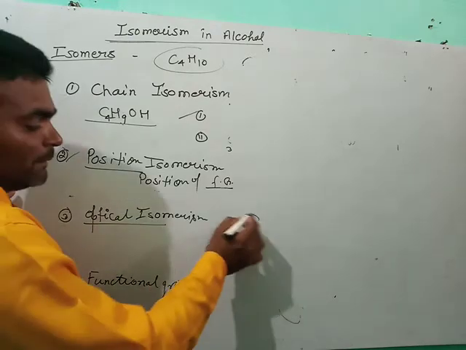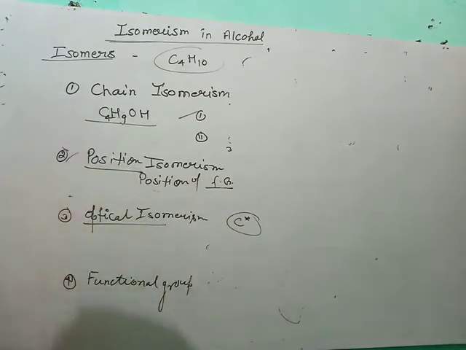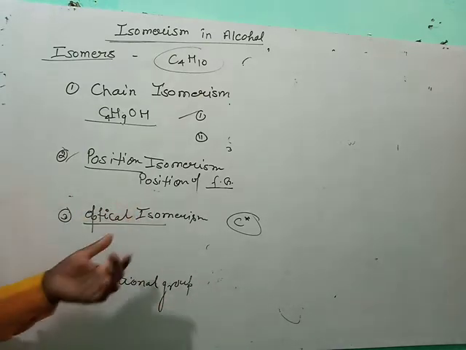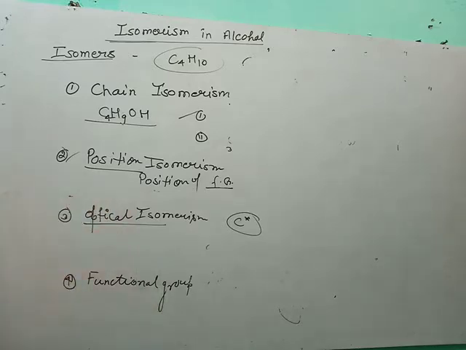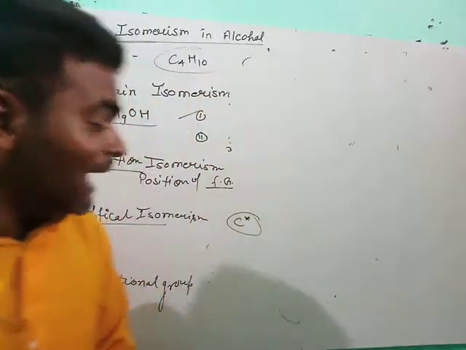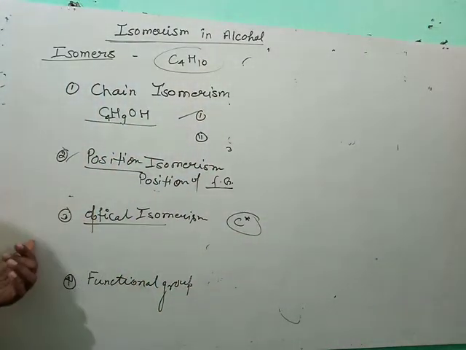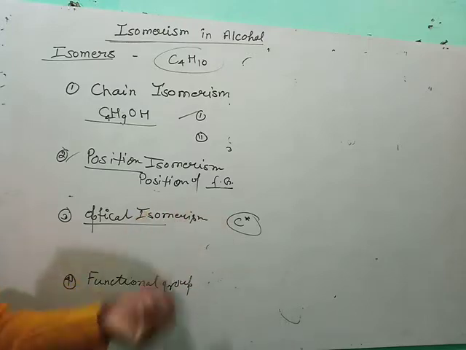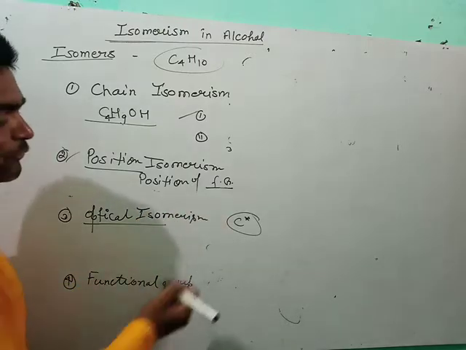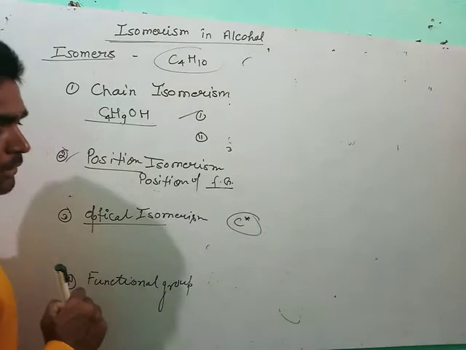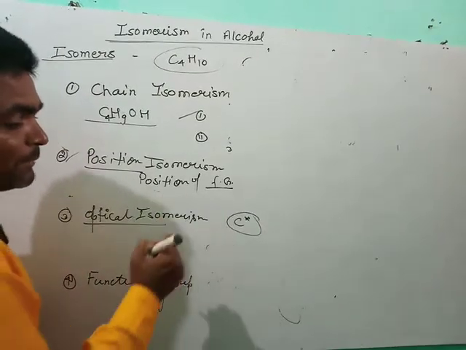The chiral carbon was defined before in the previous class: a carbon in which all 4 valencies are bonded with 4 different types of groups is called a chiral carbon.